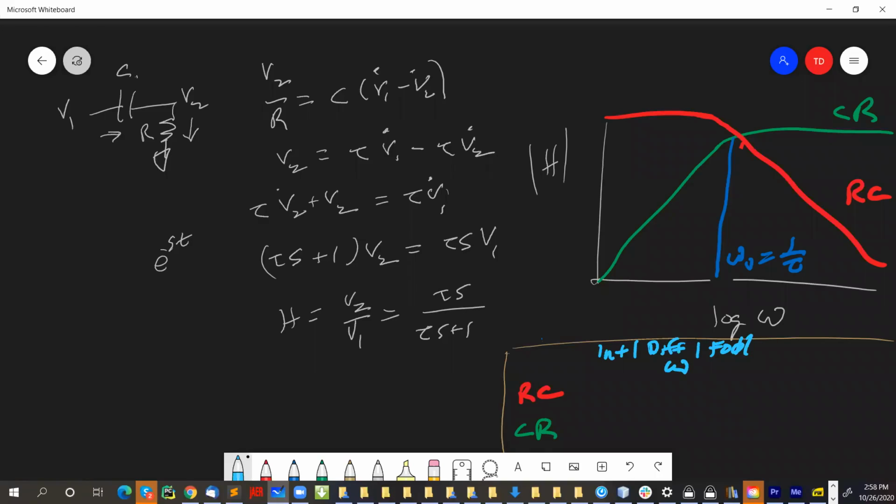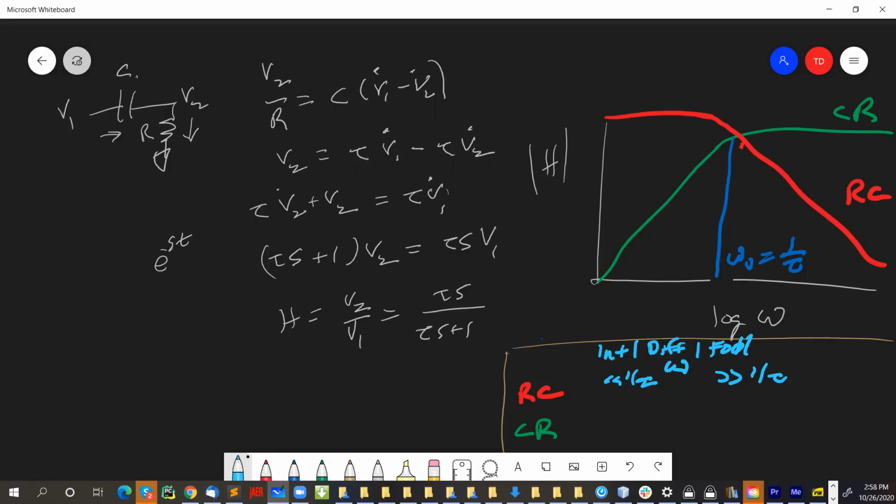Okay, so if your frequency is much less than 1 over tau for low frequency, or much bigger than 1 over tau for high frequency. So the RC low pass filter, does it act like an integrator or differentiator or follower for low frequency?